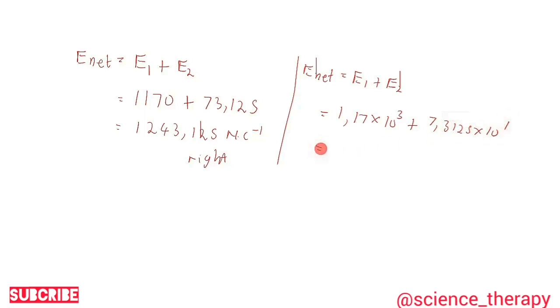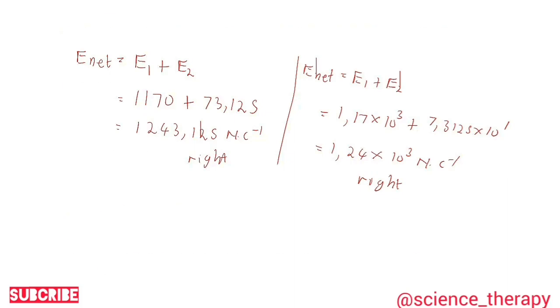Adding this, if you round off to 2 decimal places, you have 1.24 times 10 to the exponent of 3 N/C to the right. So your answer can either be in normal form or in scientific form. Both these approaches are correct.